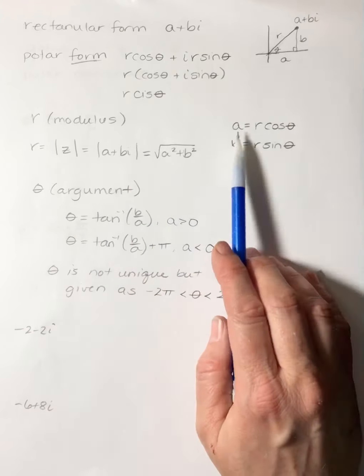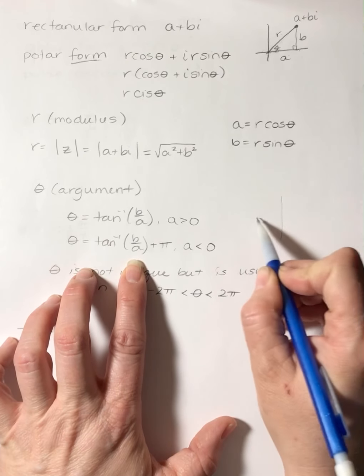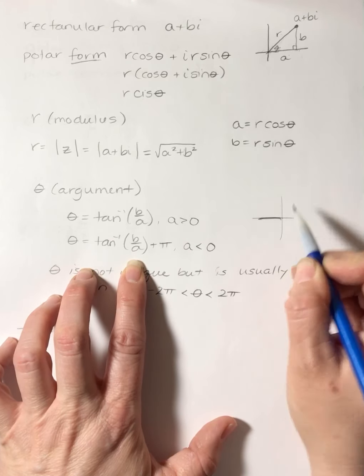So if your a is positive, it means that your argument is either going to be in quadrants 1 and 4, and whatever you get for theta will be accurate. Now, if it's in quadrant 4 and you want a positive argument, you have to add 360 to it to get that angle, okay? But if a is negative, and it doesn't matter if b is positive or negative, you're going to be in quadrants 2 and 3, okay?